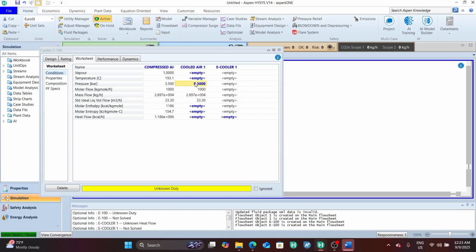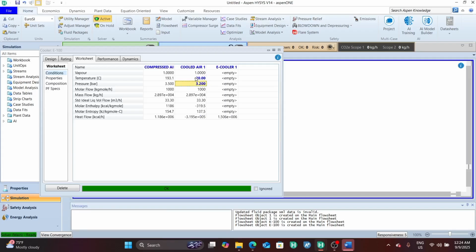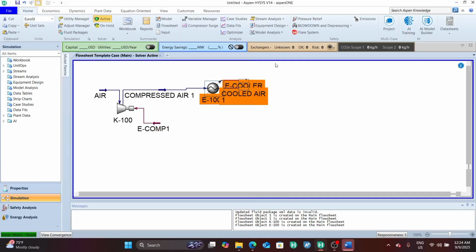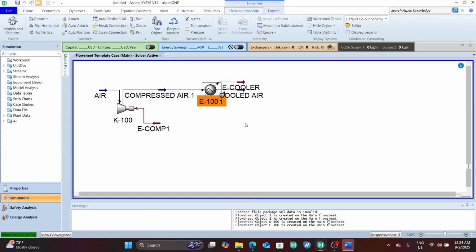So 3.5 minus 0.3, that's 3.2 bar. All right, then take ourselves to a very cool temperature of, let's say, negative 20. All right, and we are still at a vapor fraction of 1. With this, we have carried out our first stage of compression and intercooling.